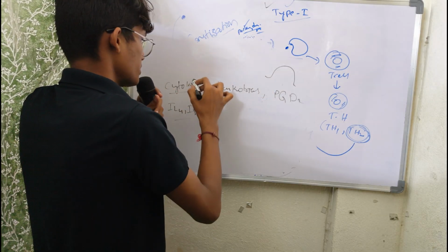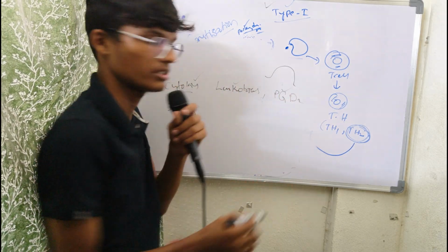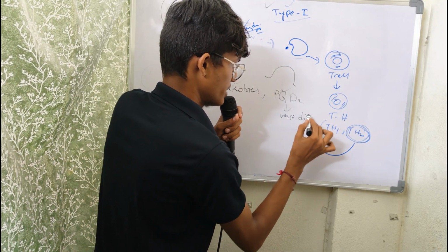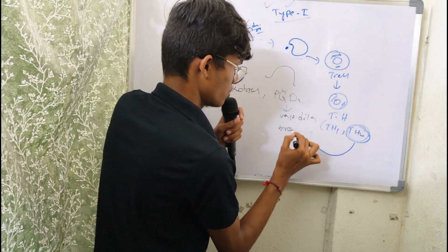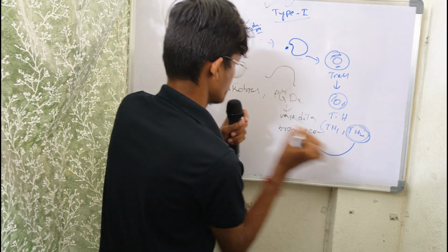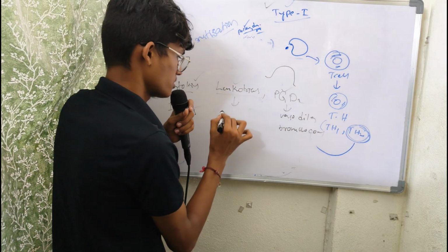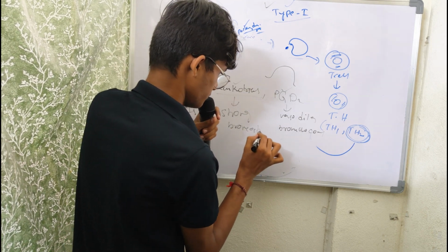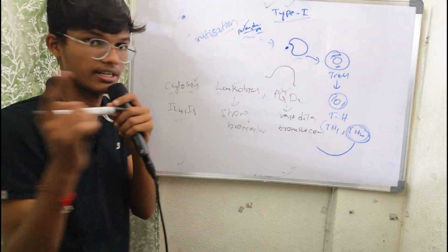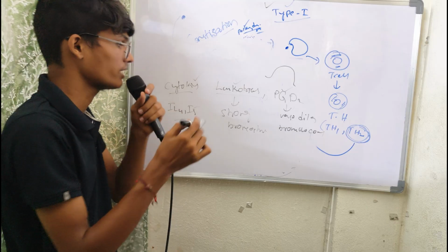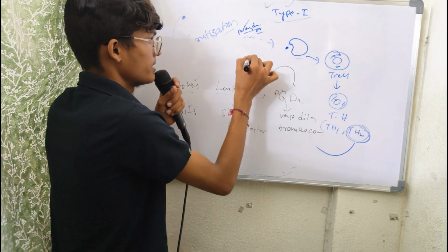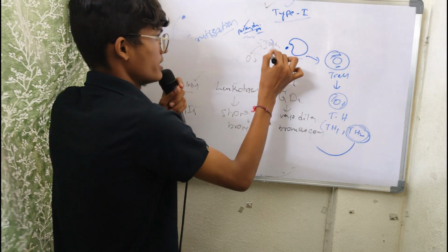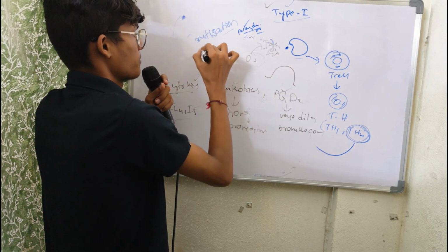Those will produce these cytokines, leukotrienes, and PGD2. These cause vasodilation and bronchoconstriction. Leukotrienes cause strong bronchoconstriction, and this interleukin 4 we already discussed. That is, in the B cells, it tells them not to produce IgG or IgM, but to produce IgE.